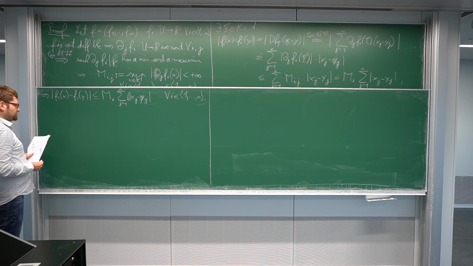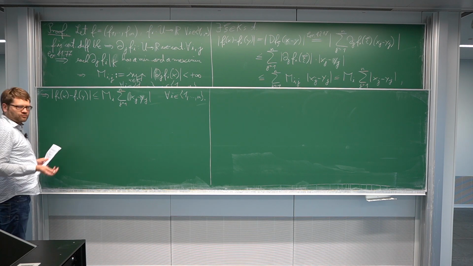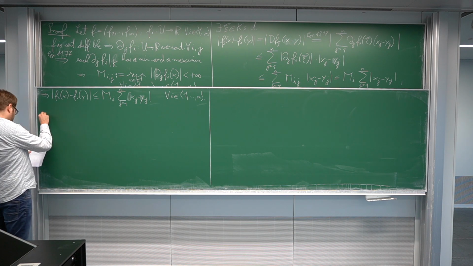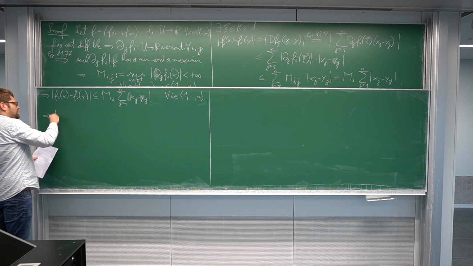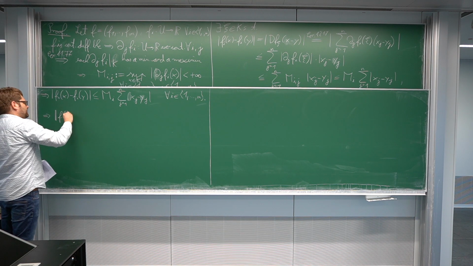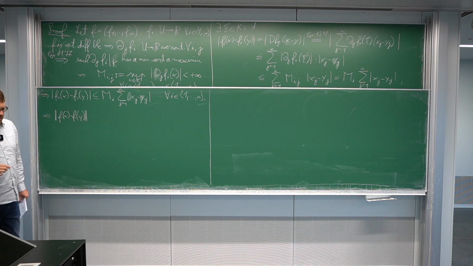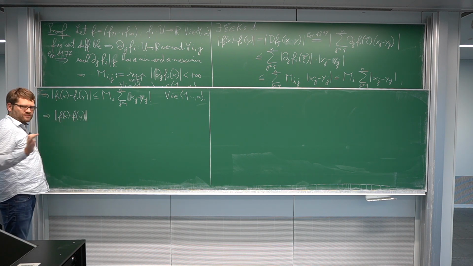Now, this is what we want to use to get an estimate for the Euclidean norms that we need for the Lipschitz continuity. Namely, we get from this that if we take the difference f of x minus f of y, which we need for Lipschitz continuity, this is the square root of the sum of the squares and so on.